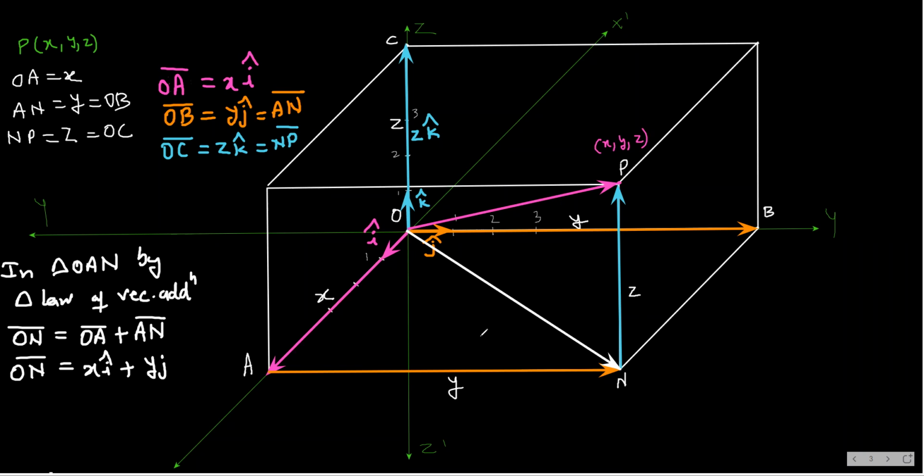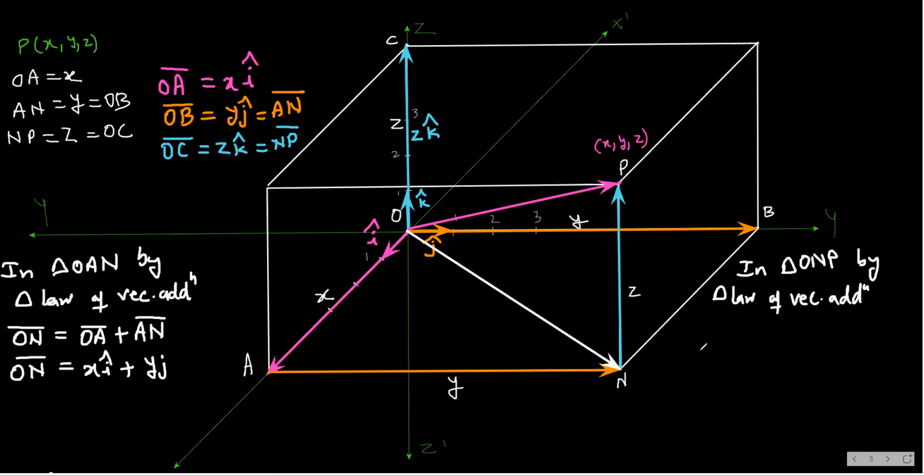Next, I have got another triangle. Check this triangle, ONP. I write, in triangle ONP by the triangle law of vector addition, ON bar plus NP bar is equal to OP bar.